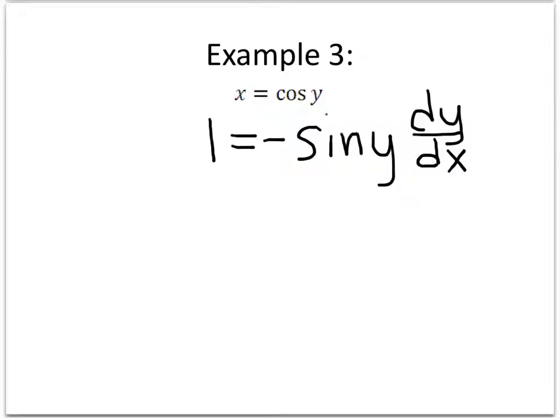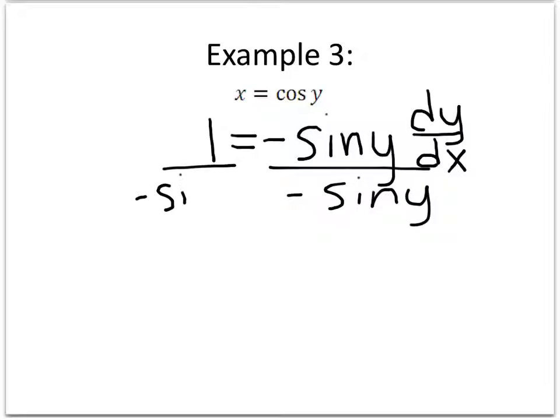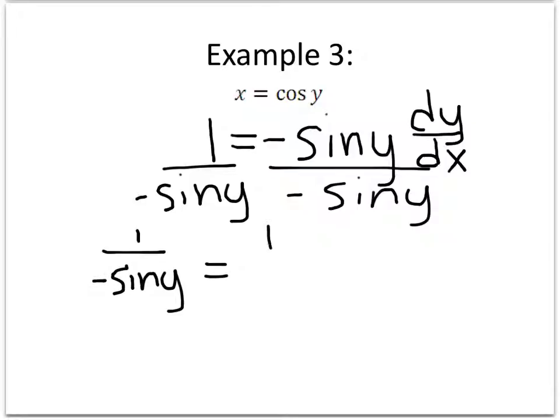So the next step is that you have to get this part all by itself. So once again here you can just divide by the other part. So you'll divide by negative sine y on both sides, and you'll end up with 1 over negative sine y equals dy over dx.